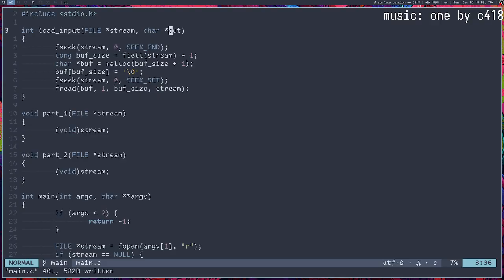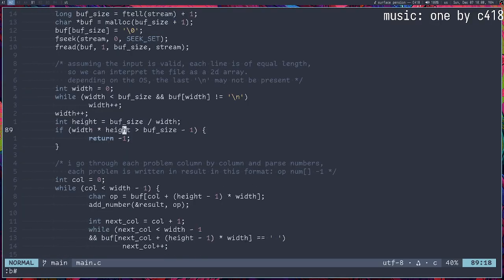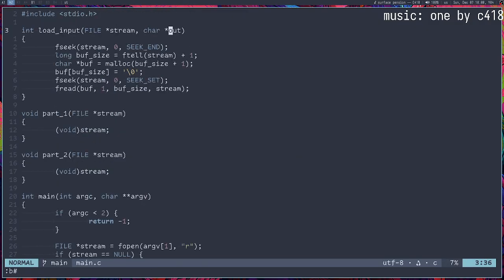Oh, and I can probably use the same code to calculate the width and height of it.